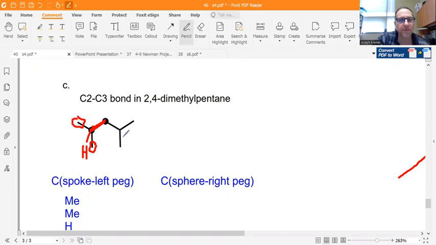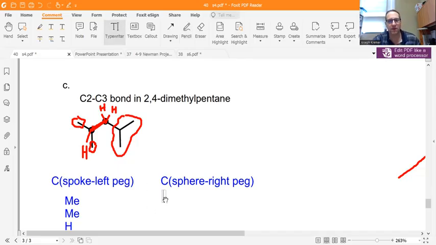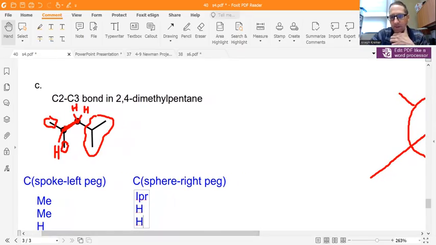Hydrogen. And on the right, this peg has two hydrogens. And what is this group? As I may have referred to earlier, it's an isopropyl. So isopropyl, hydrogen, hydrogen. That's what we're going to assemble. So partial credit is building.